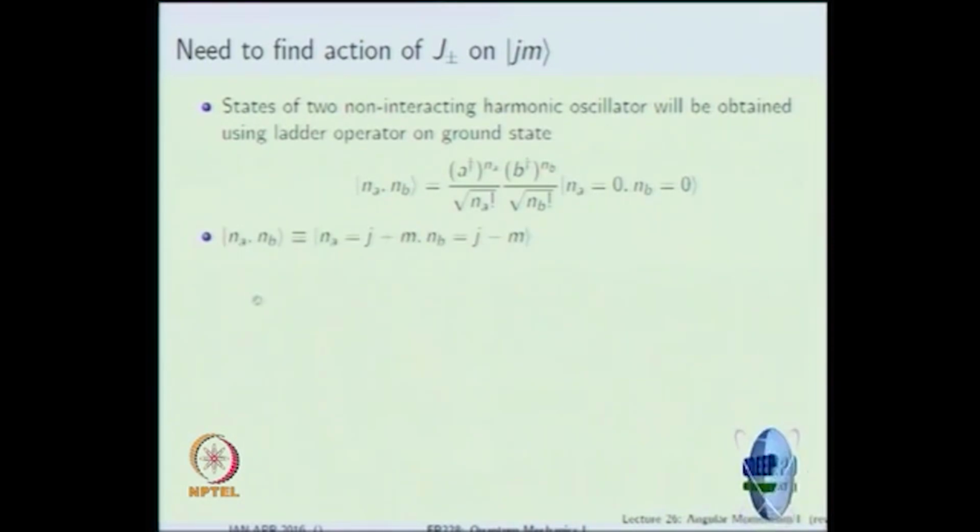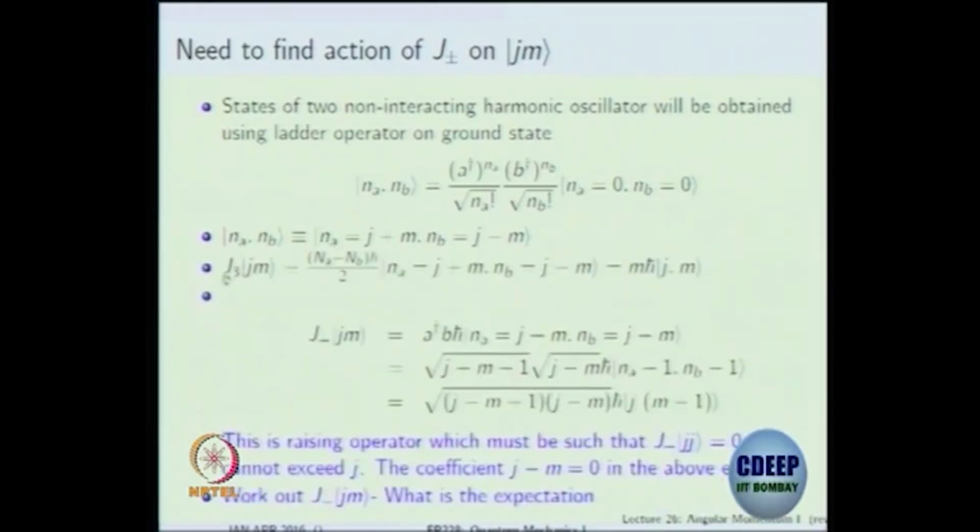Now we are going to use the fact that Na, Nb is connected with the angular momentum, the magnetic quantum number, and the J quantum number is this. So, J3 on J m is m ħ times J m. This is what I derived for you. Let's work out J plus on J m. J plus is nothing but A dagger B ħ.